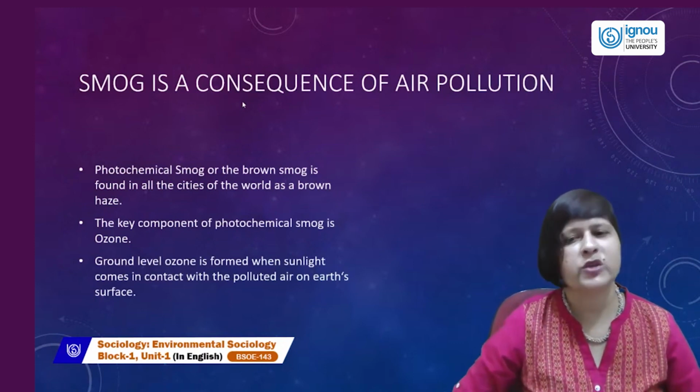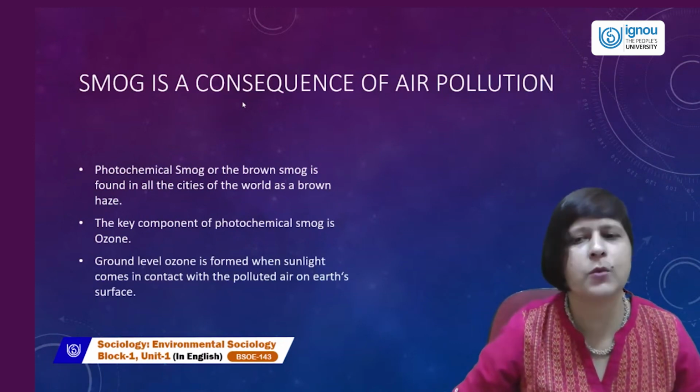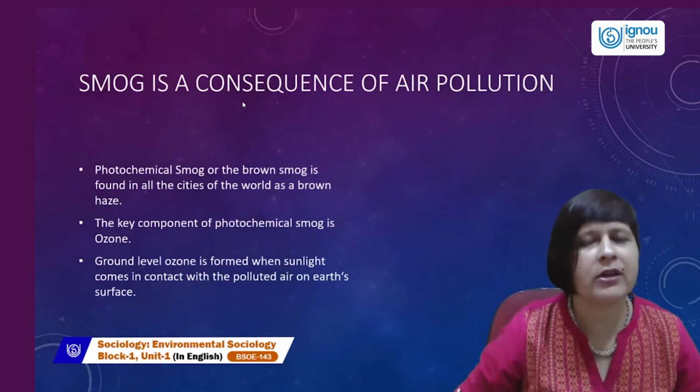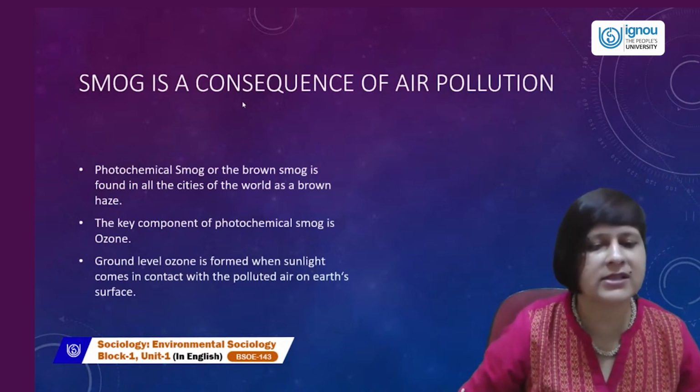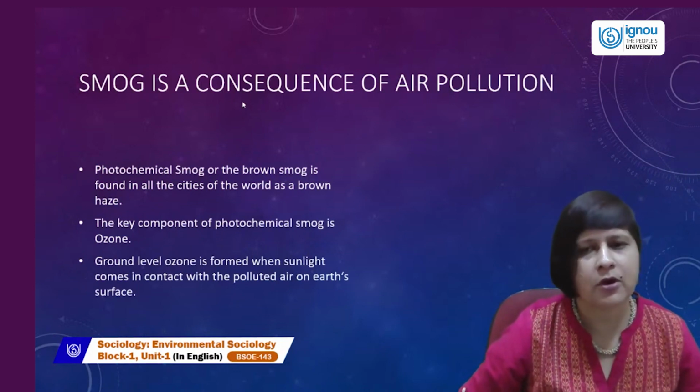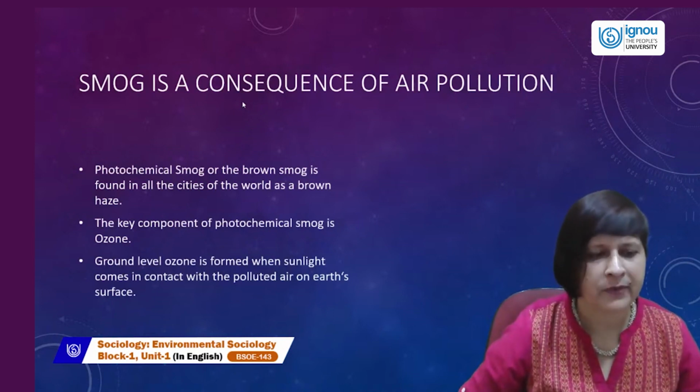Another problem is smog, and smog is a consequence of air pollution. Petrochemical smog or brown smog is found in all cities of the world as a brown haze. The key component of petrochemical smog is ozone.